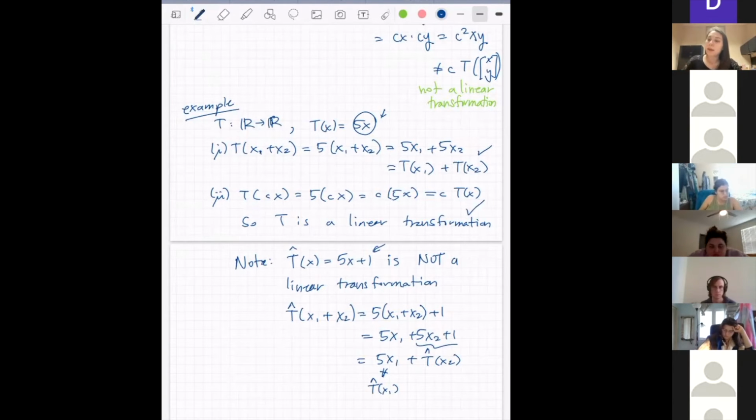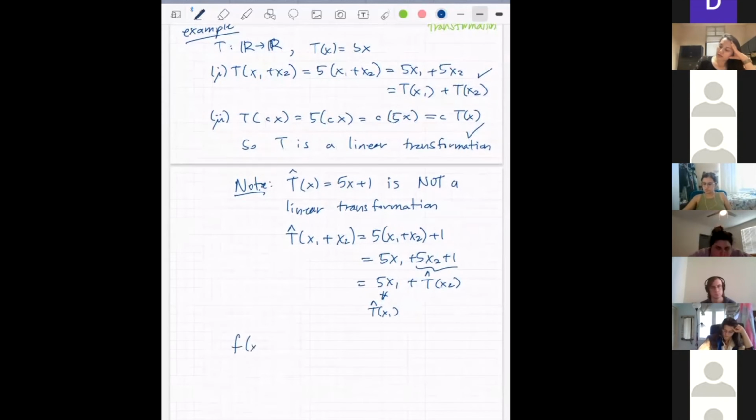So just a question, are there transformations that only satisfy one of these two conditions? In theory they could, but I'll have to think about that. If one of them was satisfied, then the other one would be? Let's see. If we have, say, yeah, I think this one would satisfy.